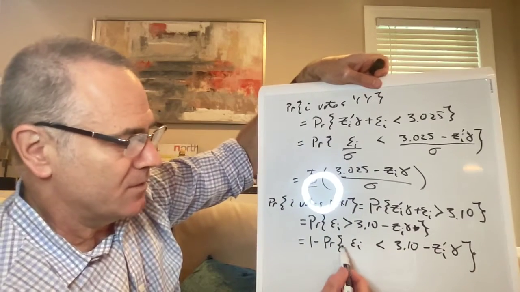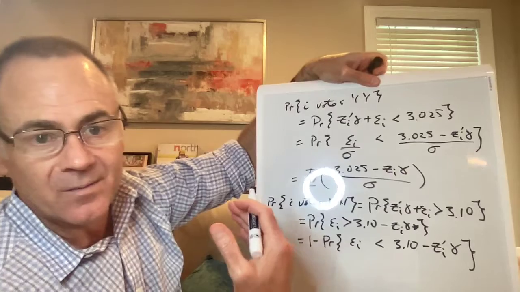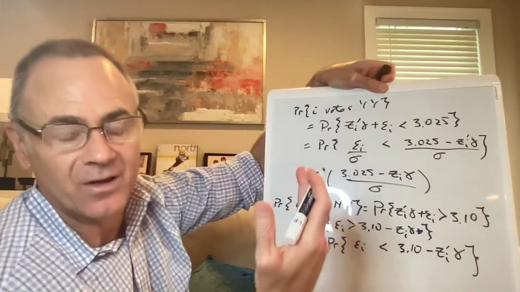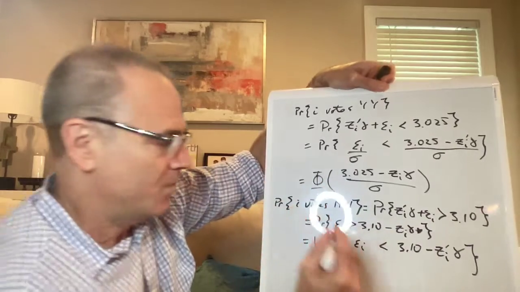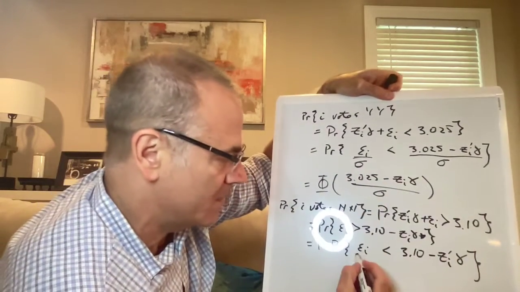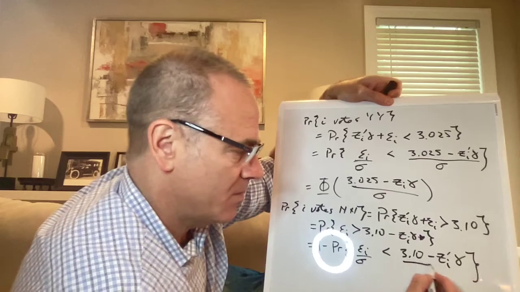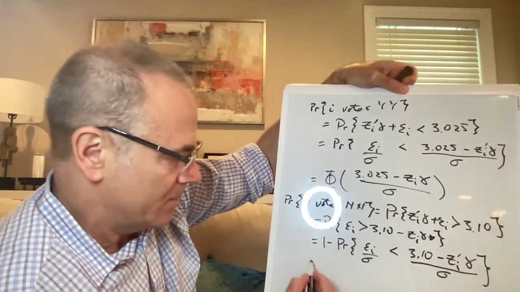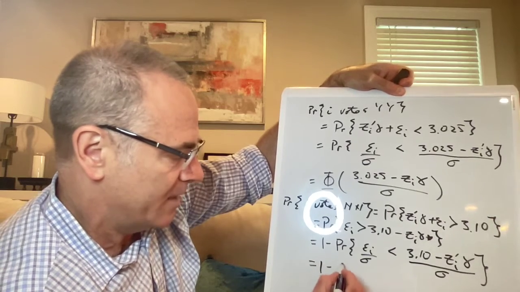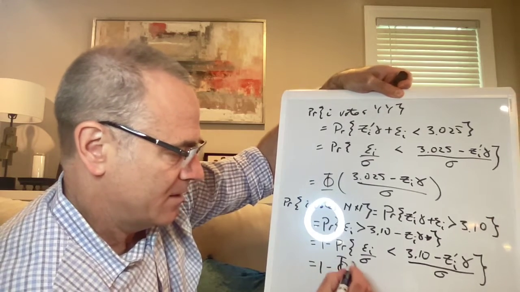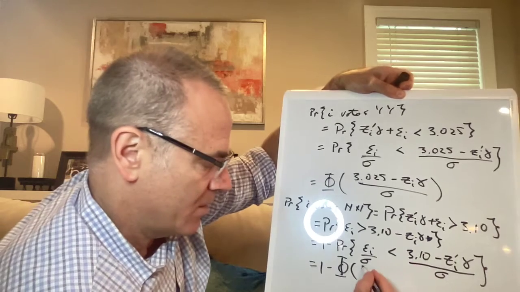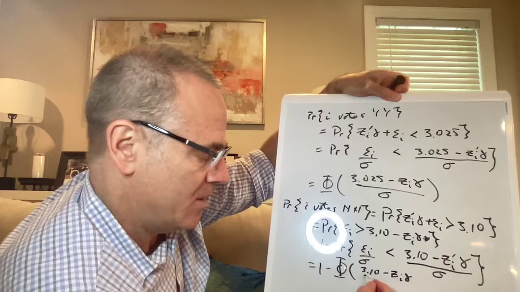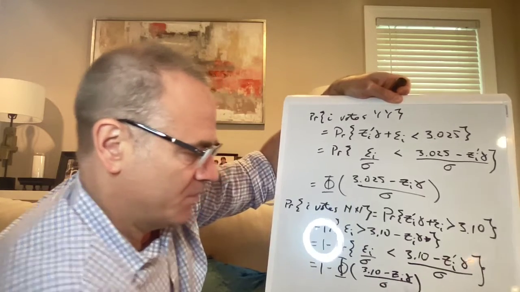If we divide epsilon I by sigma on both sides, we now have a standard normal random variable, and then we can use the big phi. So now that's standard normal. Then all of this equals 1 minus big phi of 3.10 minus zi gamma, all divided by sigma.